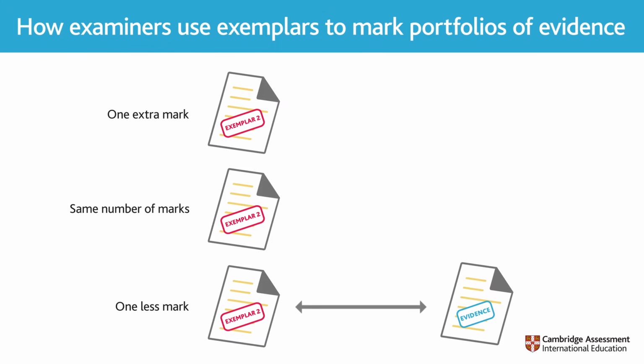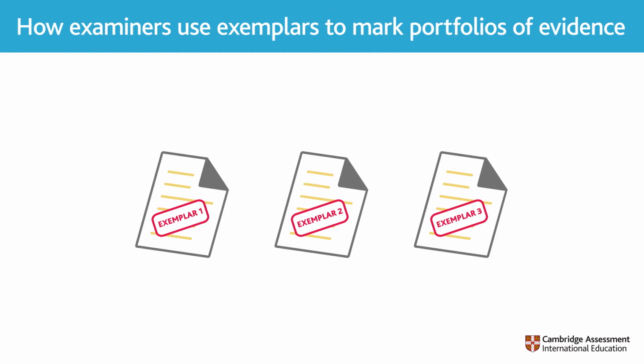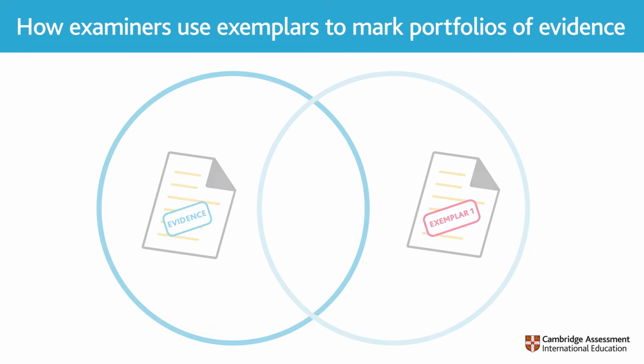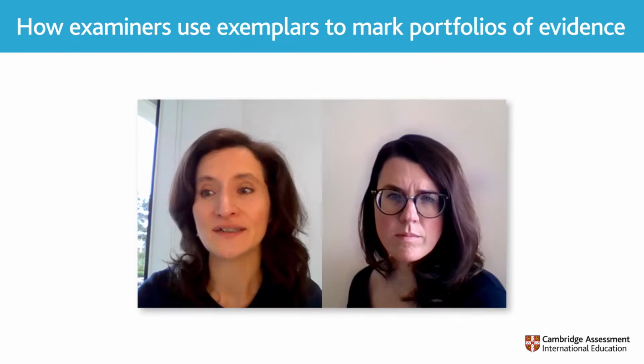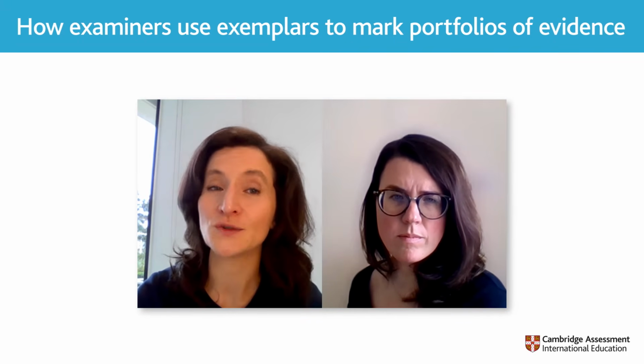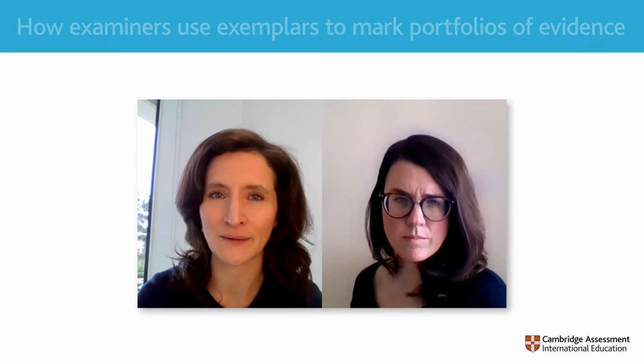If the examiner decides that the quality of the evidence is considerably different in overall quality from the exemplar, they look again at the full set of exemplar material and select one that is closer to the quality of the piece of evidence. Our examiners repeat this holistic marking process for each piece of evidence in the portfolio.